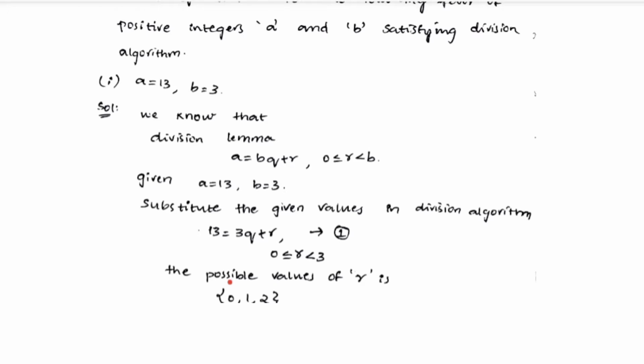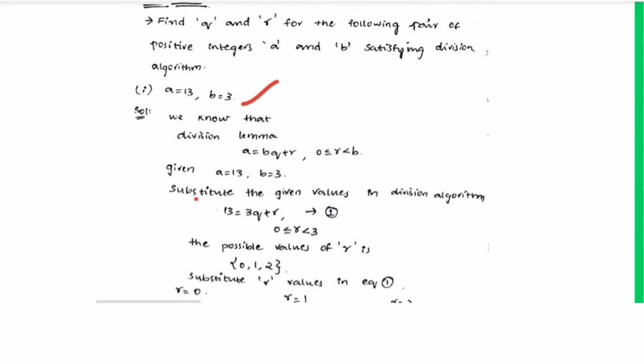Now let me give an example of these three steps here. Here the question is a equal to 13 and b equal to 3. So the first step, the given data, is a equal to 13 and b equal to 3. Now the second step, what you need to find using these values: we need to find the values of q and r. It is clearly given in the question to find q and r values for the given a and b values.